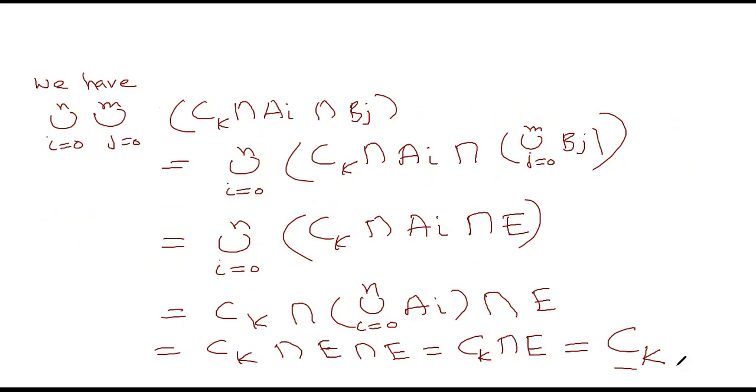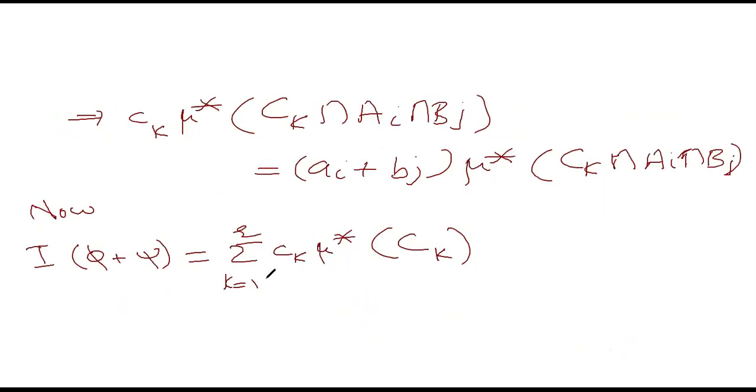So let me substitute this value there. It is equal to the summation k runs from 1 to r, or you can directly apply this: ck times mu star of ck intersection ai intersection bj is equal to ai plus bj times mu star of ck.